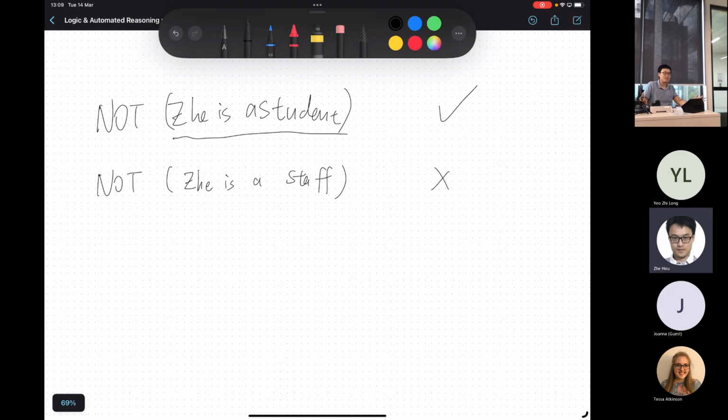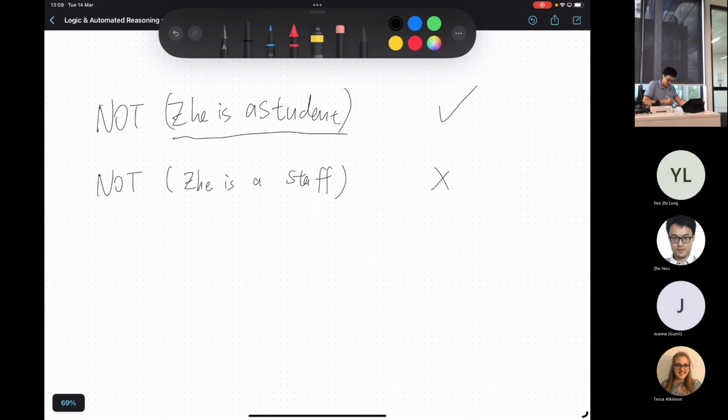Another simple one is AND. Now that AND connects two statements, depending on the truth value of each statement, we can have 4 possible outcomes.